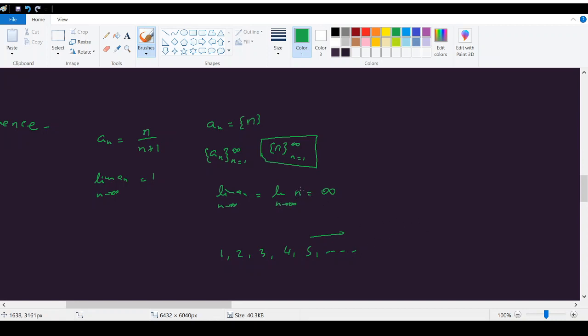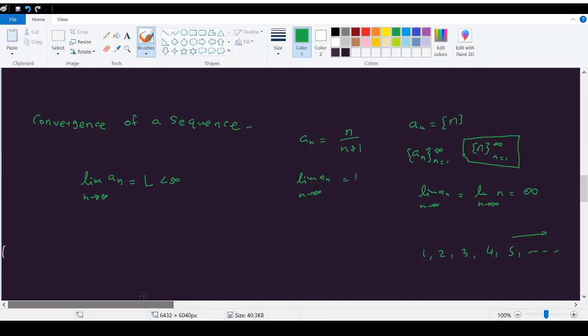So simply that means the limit of this sequence is equal to infinity. So if the limit is infinity, we say that the sequence diverges. And if the limit is finite, we say that the sequence converges. Okay, right. And in the next videos, we will go over some useful theorems that will support this convergence of sequence.